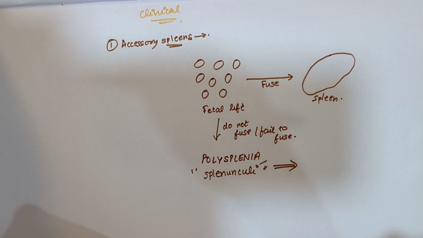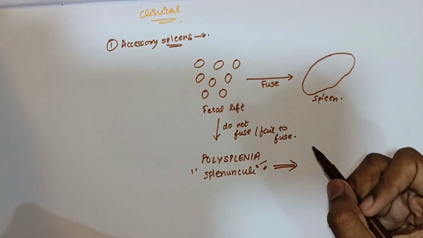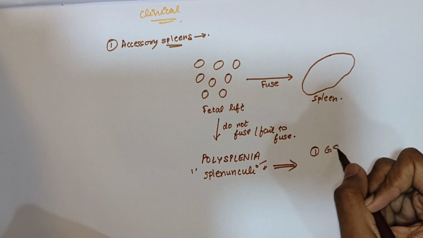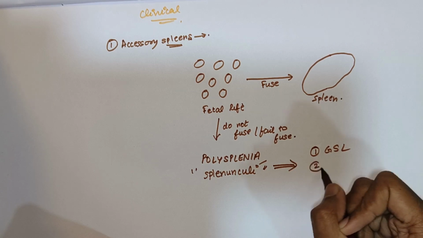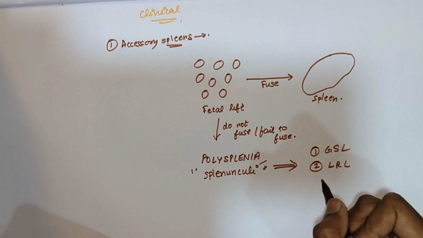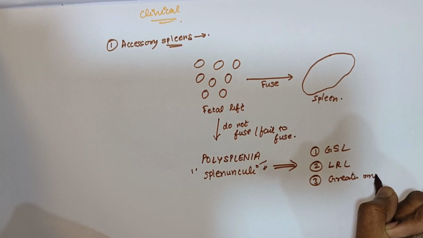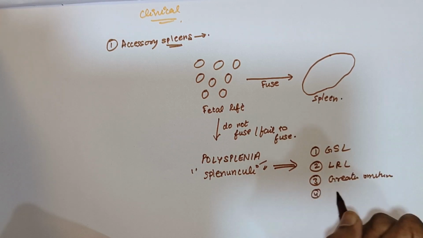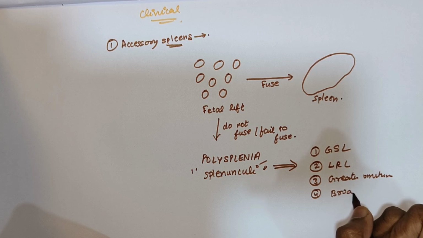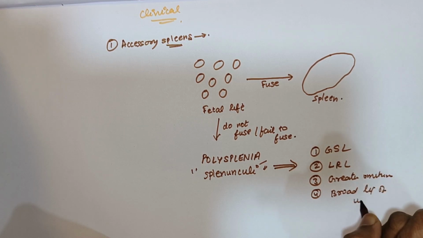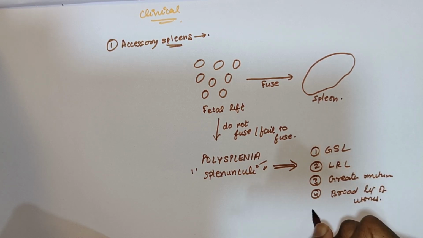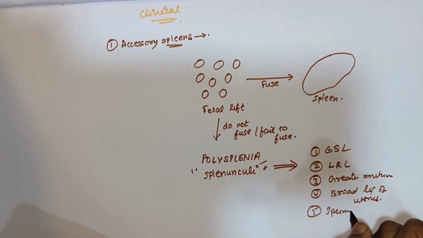They lie in a variety of different regions, such as the gastrosplenic ligament, the lienorenal ligament, the greater omentum of the stomach, and in some cases they also lie in the broad ligament of the uterus and the spermatic cord, like of the left side.